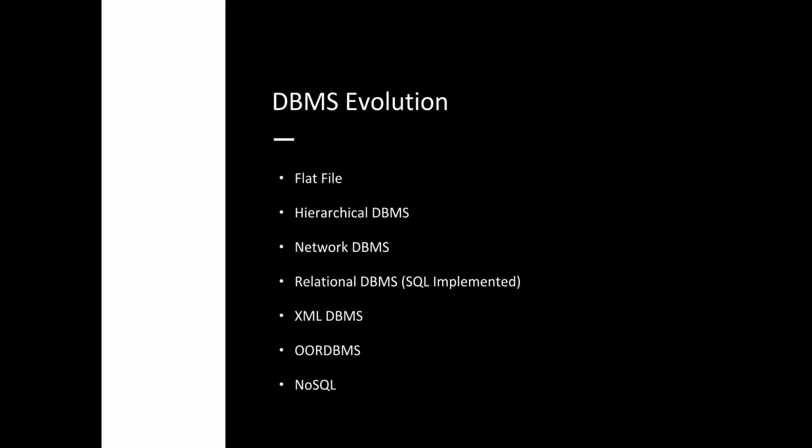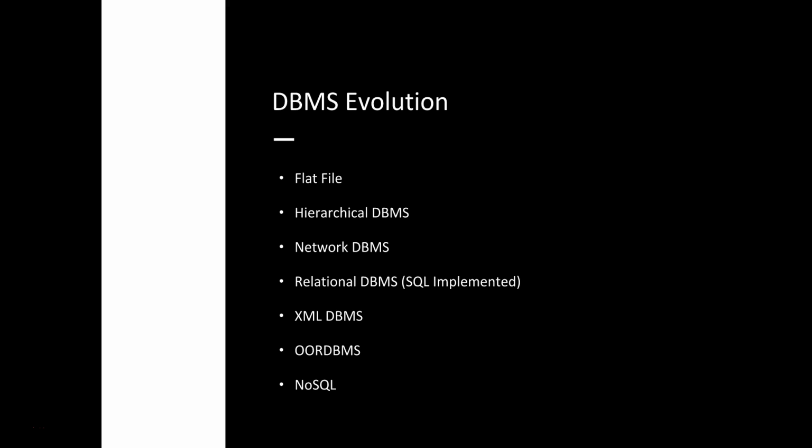Everything started with flat files, and then we had the hierarchical database management system, which is like a monolithic tree-like structure stored on the same server. Then came the network DBMS, which is a sort of distributed database management system where parts of the database were on different servers, and you could connect to them from other platforms.